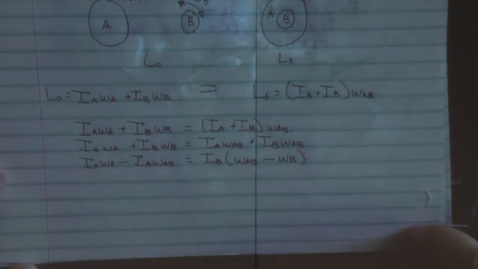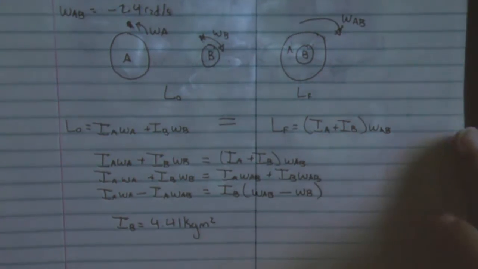So this will give us IA omega A minus IA omega AB, which is equal to IB omega AB minus omega B. So if we divide this, we'll get our IB, and our IB should end up being 4.41 kilogram meters squared when you plug in all your values. All right, just got one more thing to go.